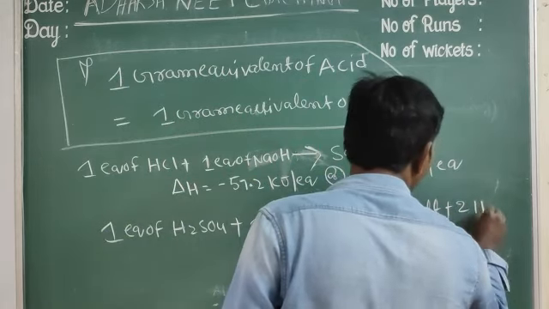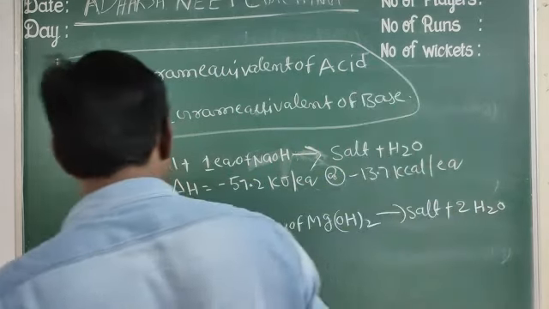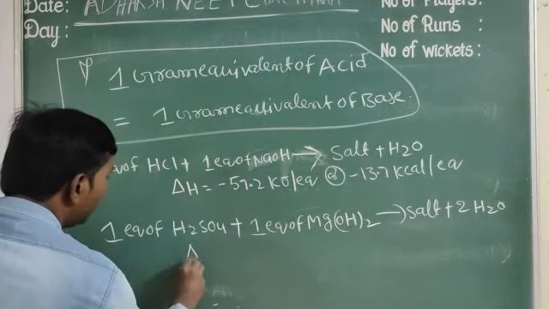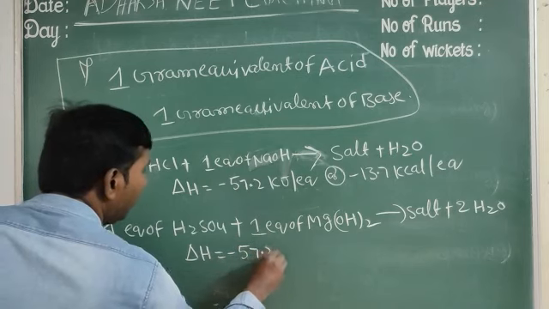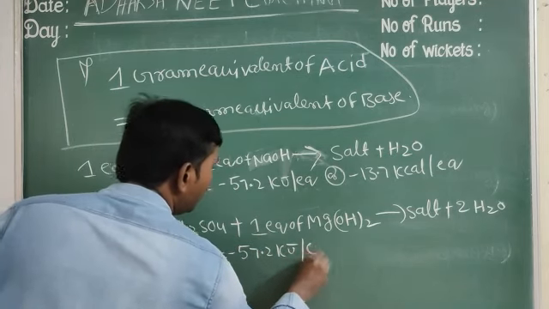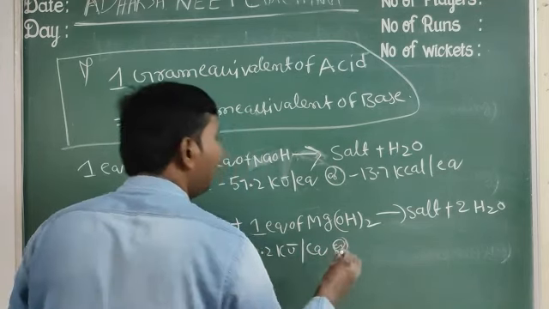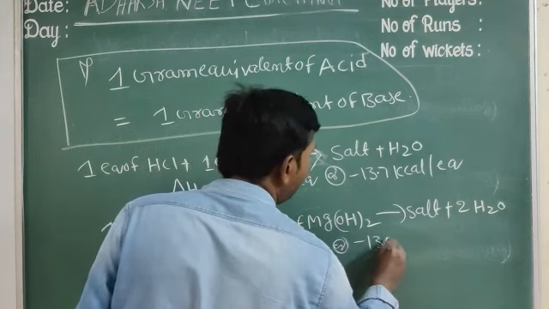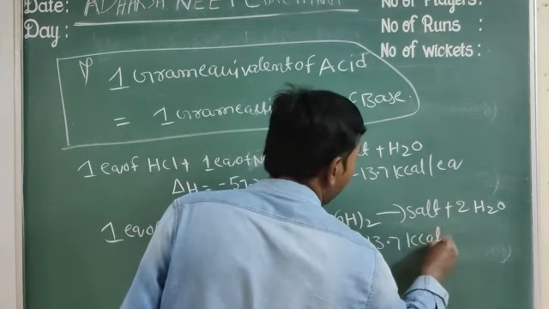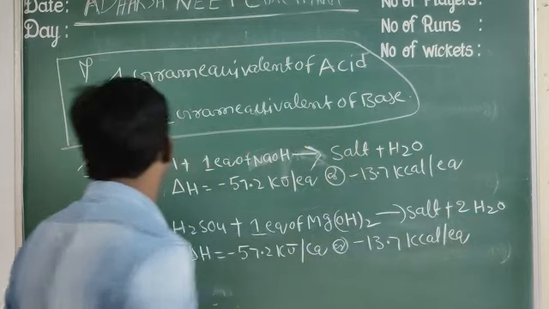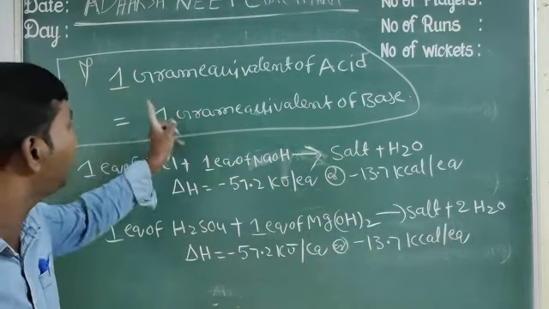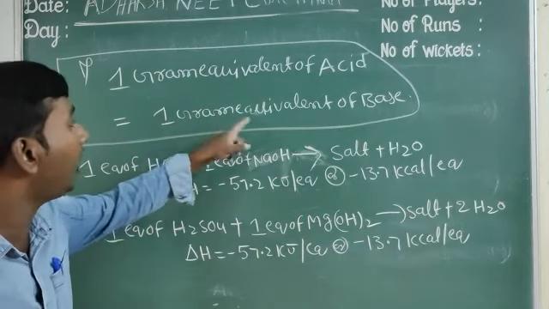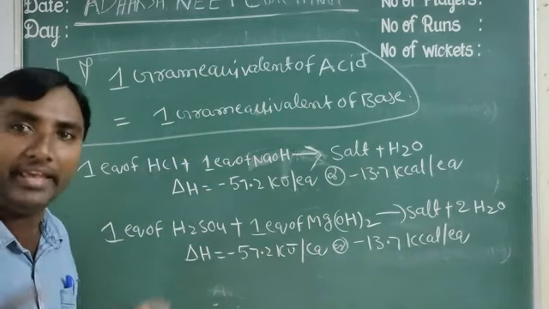Here also del H equals minus 57.22 kilojoules per equivalent or minus 13.7 kilocalories per equivalent. So 1 gram equivalent of acid equals 1 gram equivalent of base.